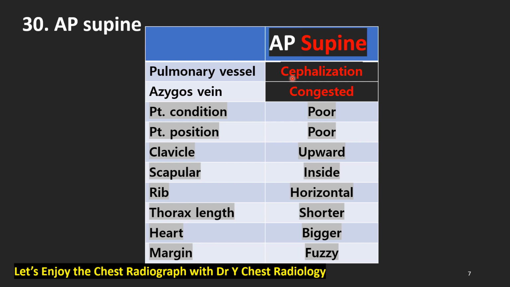And second is the azygos vein. The azygos vein normally becomes congested in supine view due to gravity. So sometimes we confuse the normal azygos vein with lymph node enlargement.